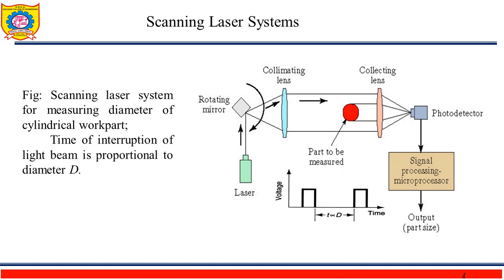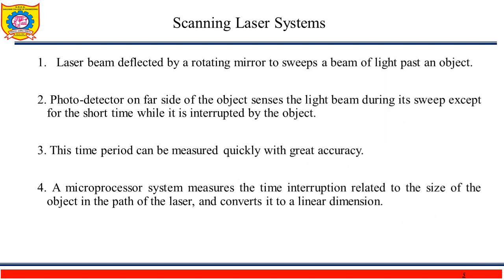The collecting lens is again transferring those light rays to the photo detector, and photo detector is a detector which is going to detect the light rays or laser rays which are incident on it. This photo detector ultimately gives the signal to signal processing microprocessor, and finally this microprocessor gives the output as the part size. So this is the scanning laser system.